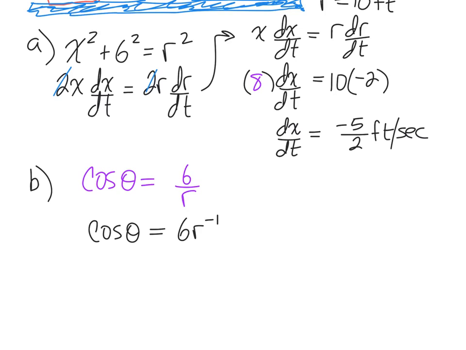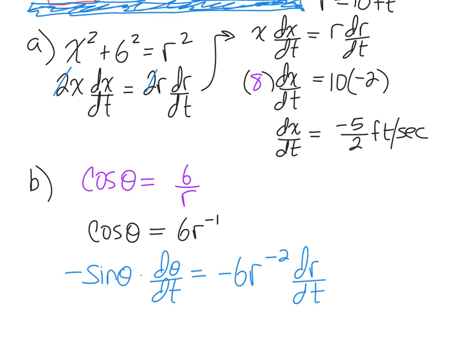Derivative of cosine theta is negative sine theta times d theta dt. Then right-hand side, again, simple power rule: negative 6r to the negative second dr dt.